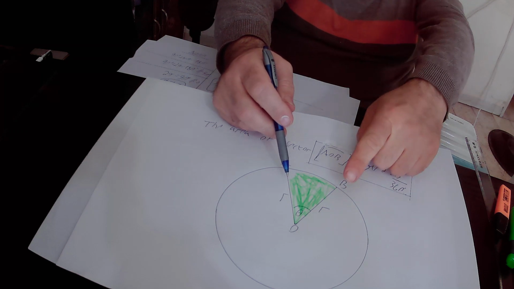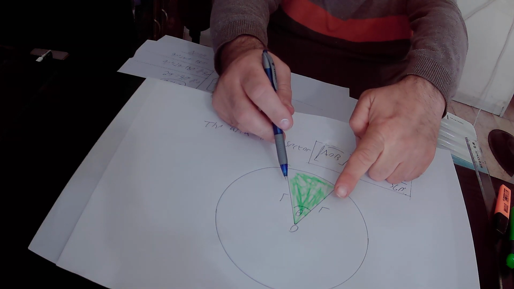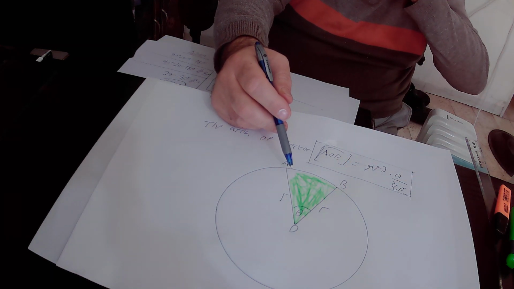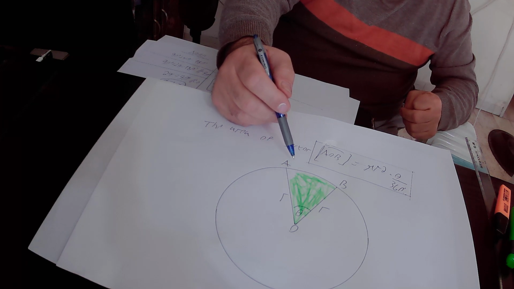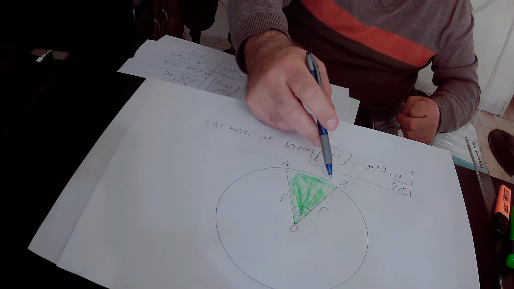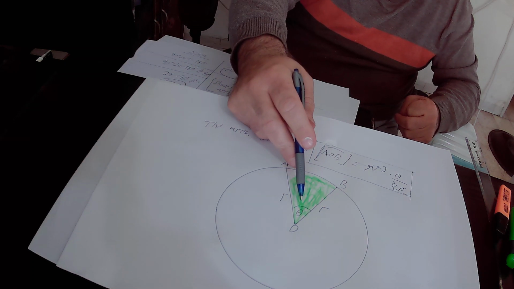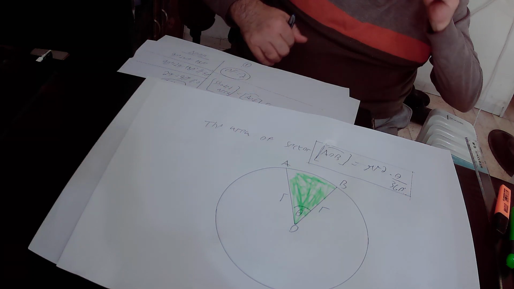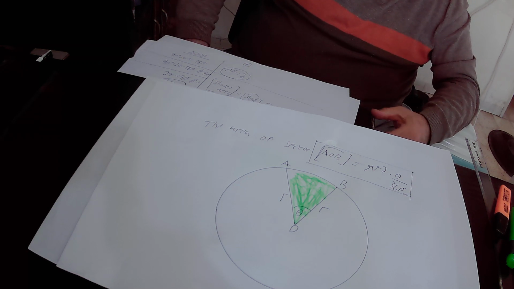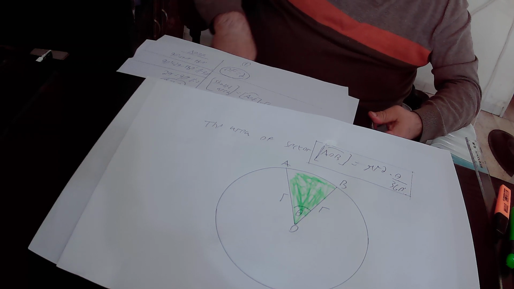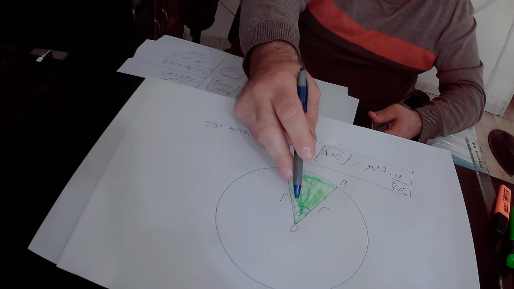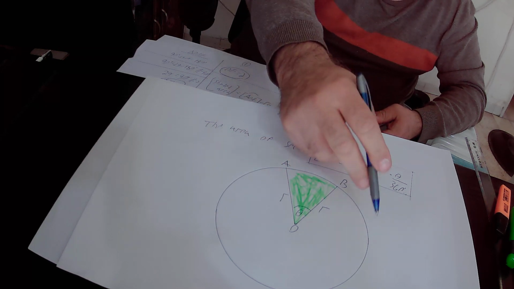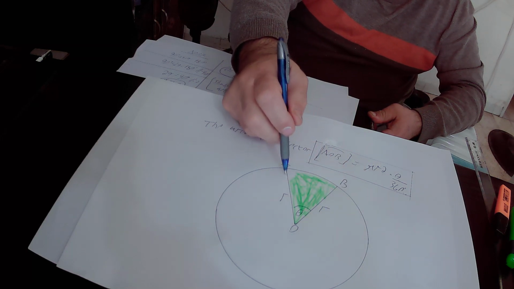Both legs are the radii of this circle, equal to R. And the angle between the two legs equals theta. So you can see a sector as a slice of a cake. If a cake is a circle, then a sector is a slice of the cake.